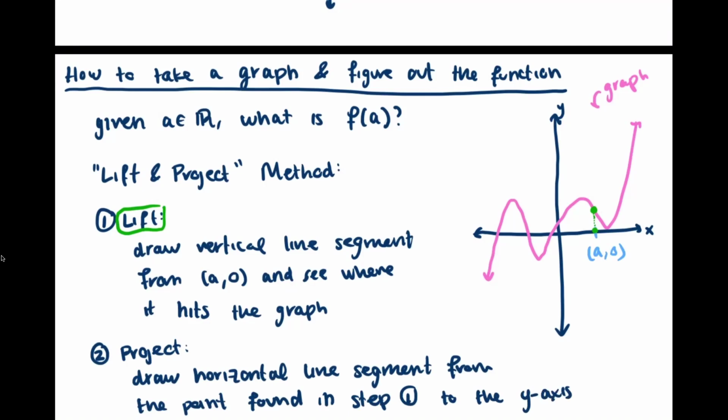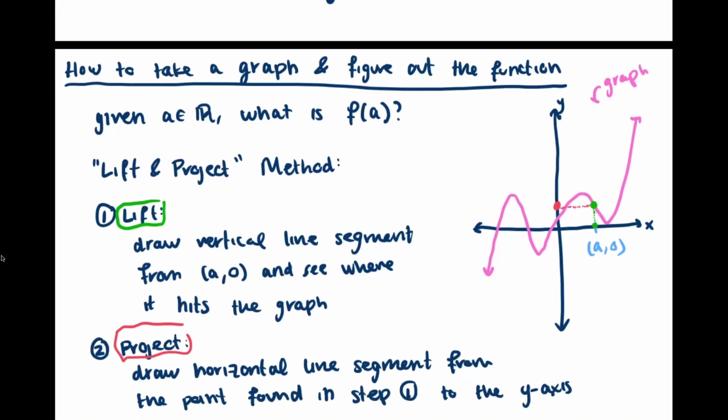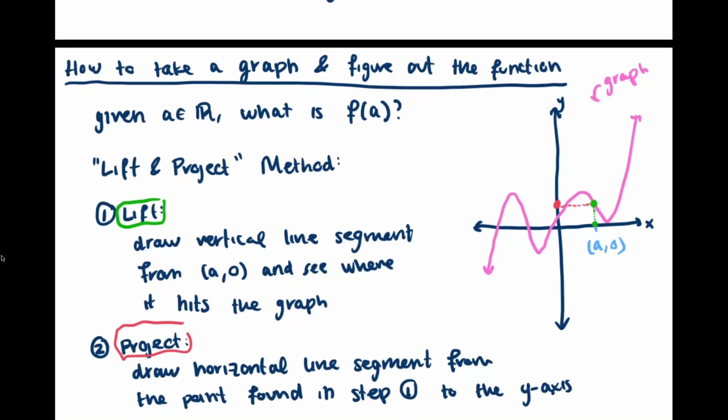Okay, I'll do this in red. So now I'm going to go to the y-axis, and I hit that here. Then this point on the y-axis has x-coordinate 0, and its y-coordinate is exactly f of a.